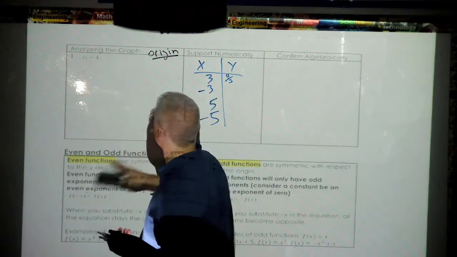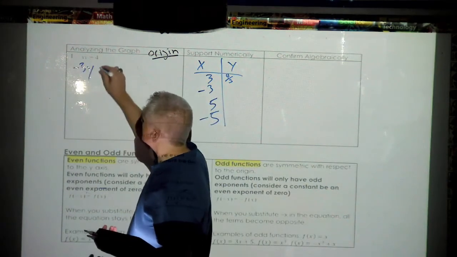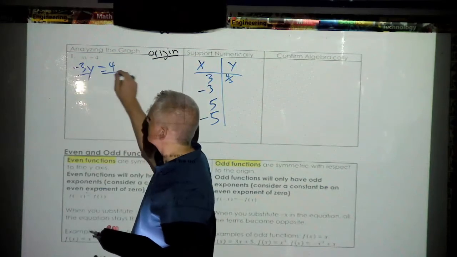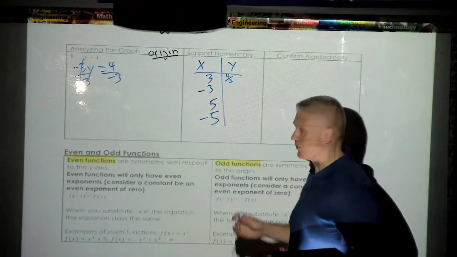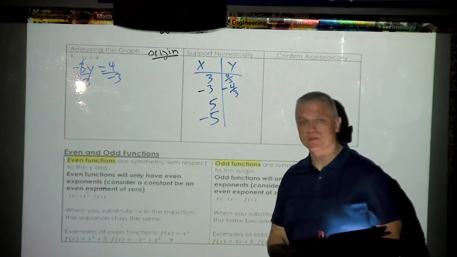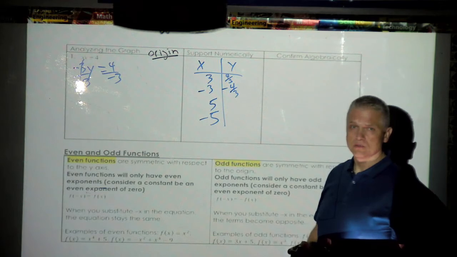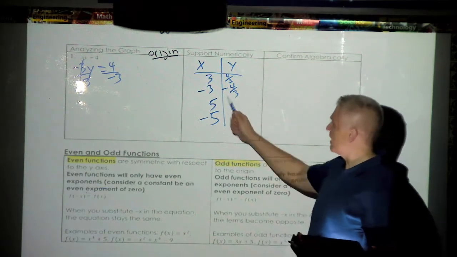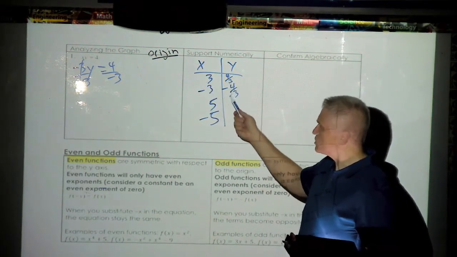What if I said x is -3? -3y equals 4. Divide by -3. Y is -4/3. Does that back up my hypothesis, my guess, that it's origin, rotational symmetry? Yeah, I changed the sign of x, and that changed the sign of y.